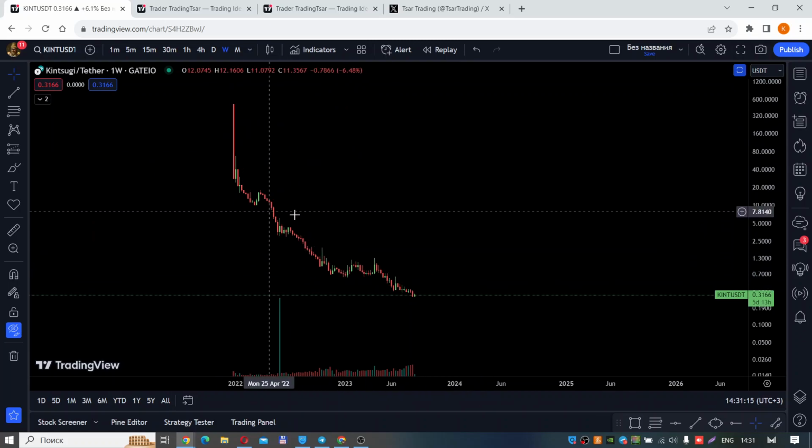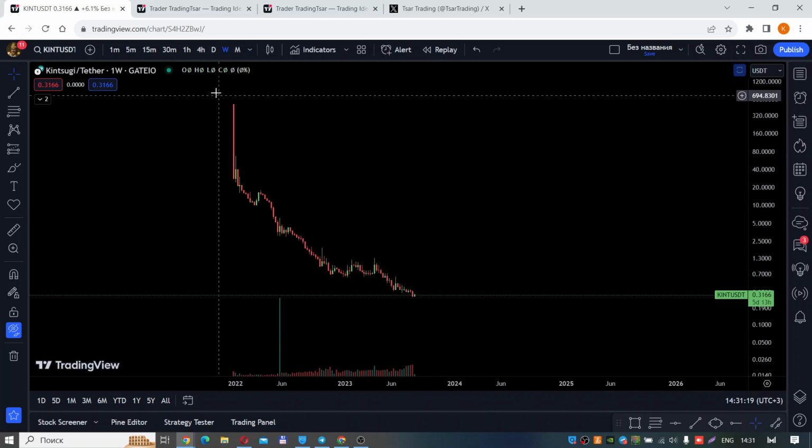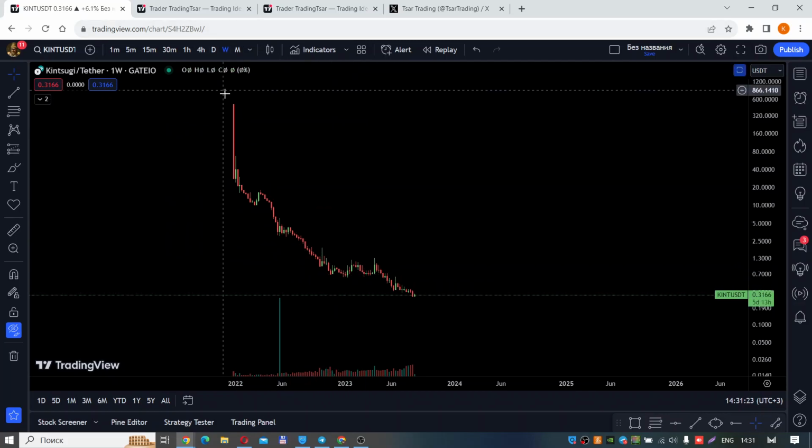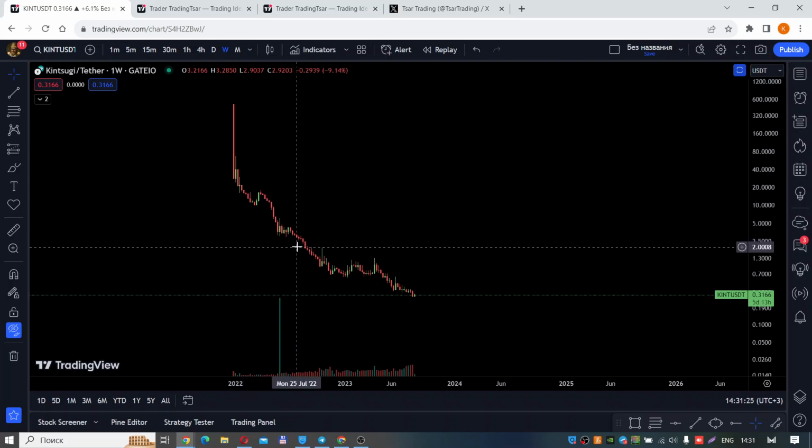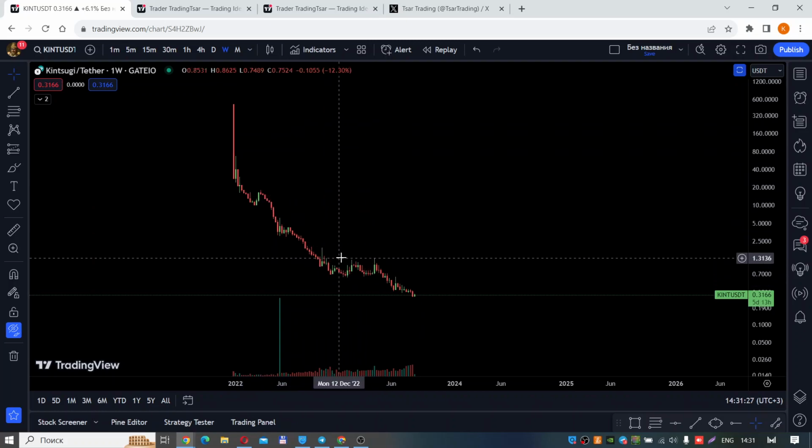So why is this altcoin interesting? The reason is that here we can see the market maker.